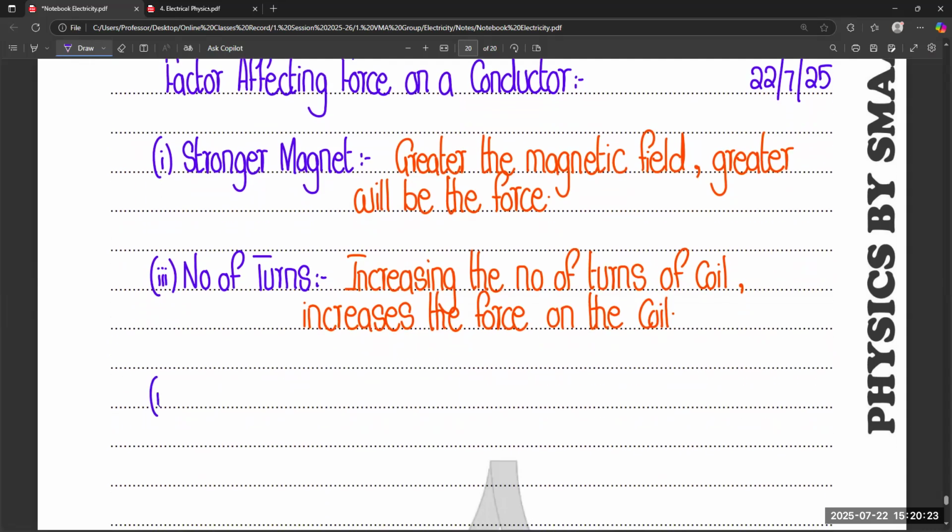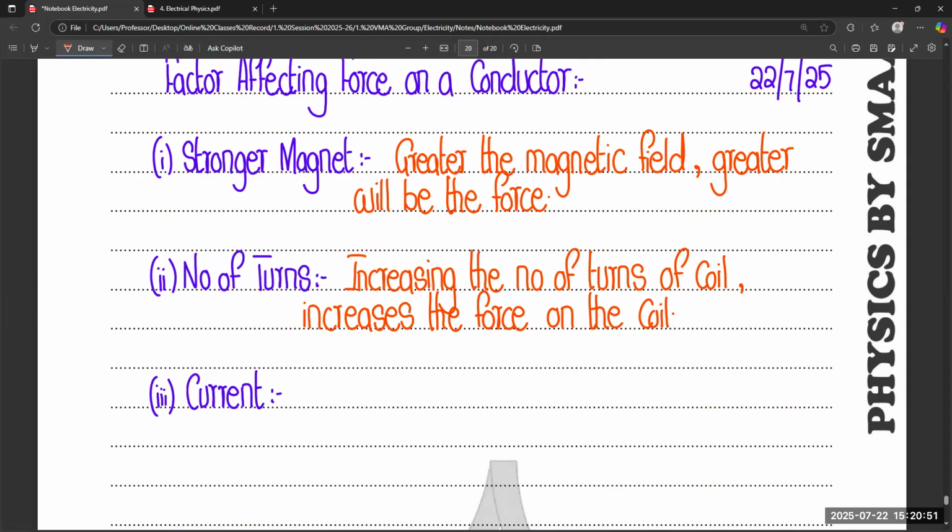Third factor is current. If the value of current is high, we know that it also creates a magnetic field around the coil.